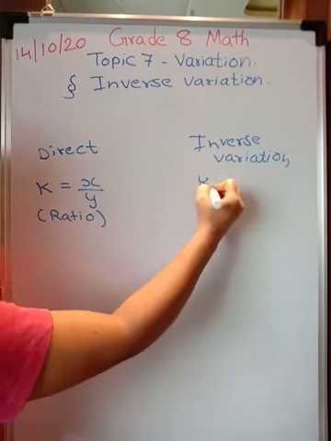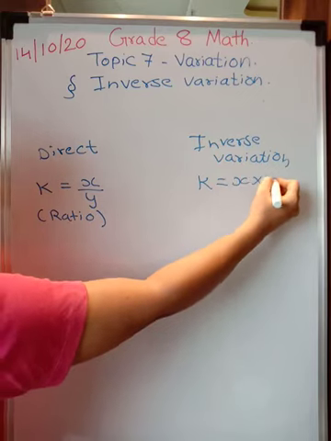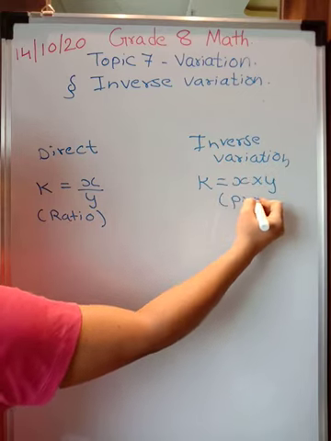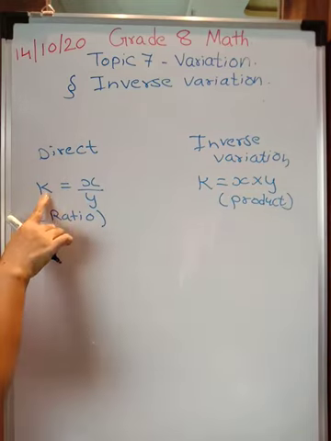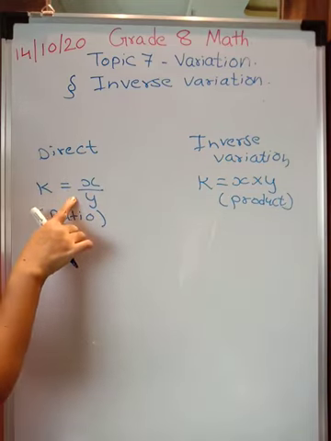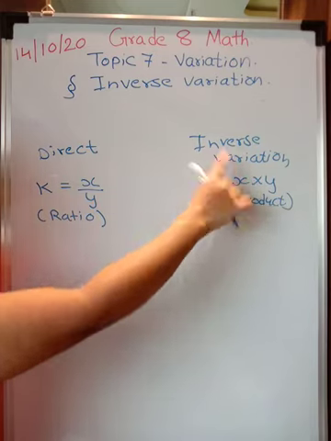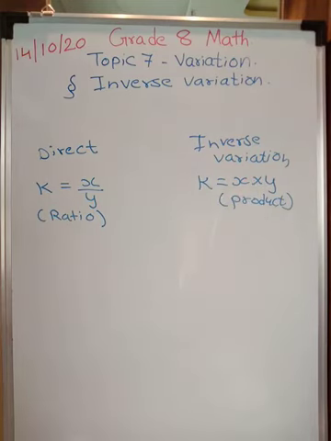In inverse variation, k is equal to x into y, so here the product is constant. Are you understanding me? This is the equation of direct variation and this is the equation of inverse variation. Please remember this. It will be easy for you to solve the problems.